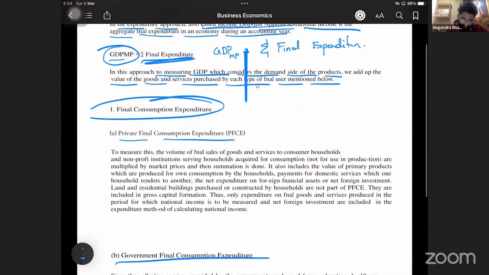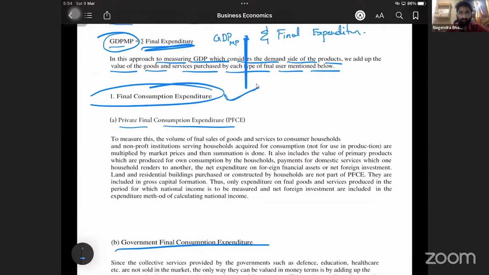See, final consumption expenditure. What is final consumption expenditure? For example, if I purchase this plastic water bottle, this is for final consumption. I start drinking water from this water bottle. This is final consumption expenditure.